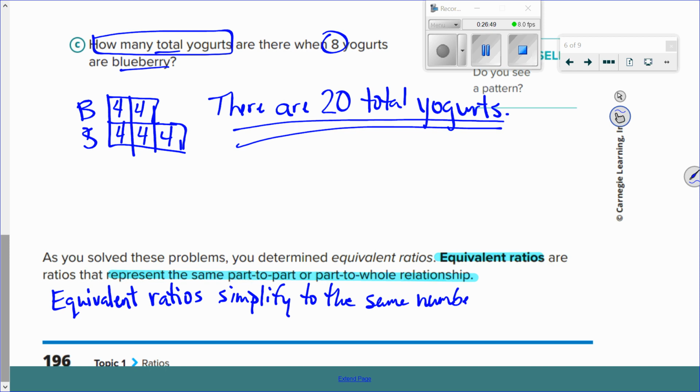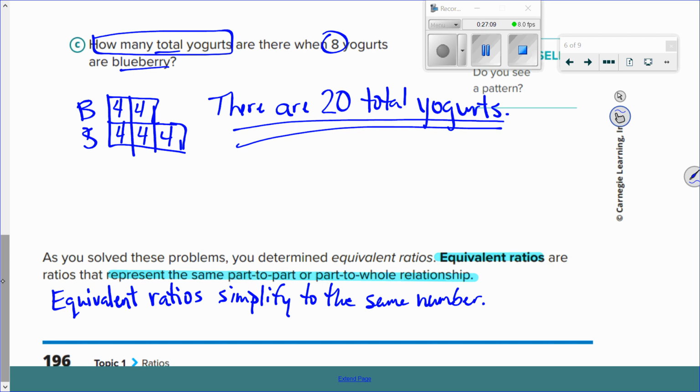So if I reduce a ratio to simplest form and it becomes the same, that means they're equivalent. They go to the same number. Another way to look at it is if I have a simplified ratio and I multiply both pieces of it by the same number, I will get an equivalent ratio.